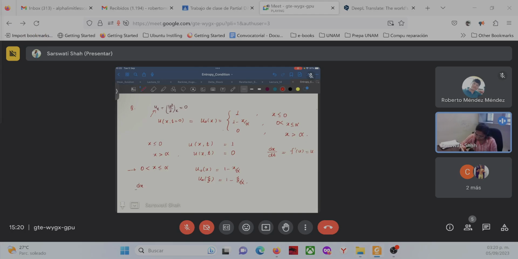So dx over dt equals u naught of xi, or x equals 1 minus xi over alpha, times t, plus another constant, say xi. Yeah.